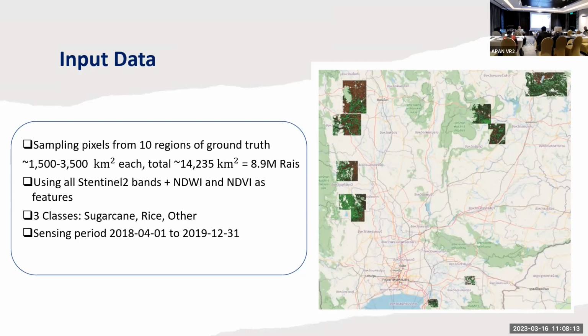Since we can choose many provinces all over the country, I chose 10 regions for the ground truth, each about 15,000 square kilometers. We use all kinds of basic information from the satellite products, like NDVI, NDWI, things like that. I'm not going into too much detail today, just some concepts.